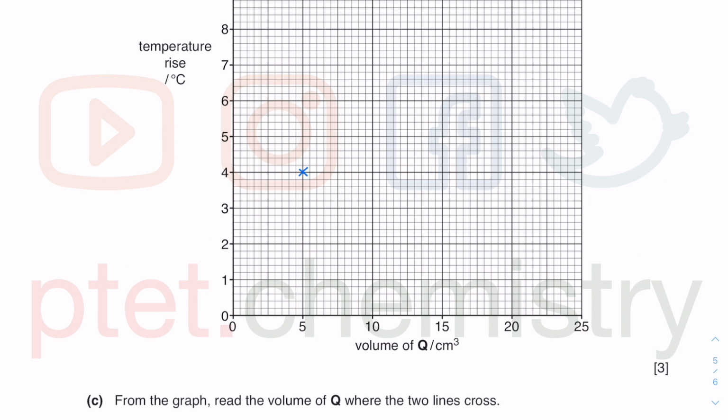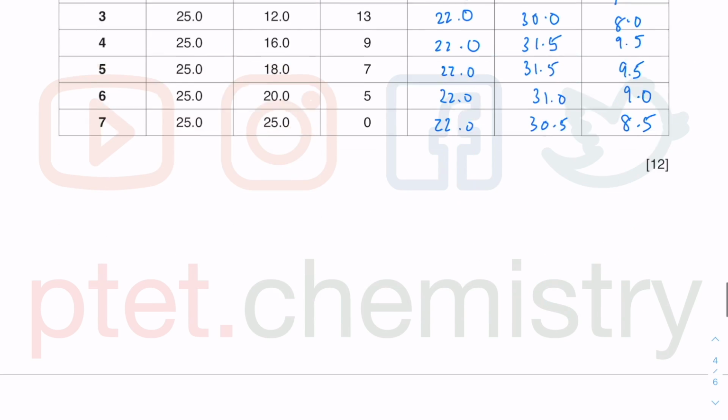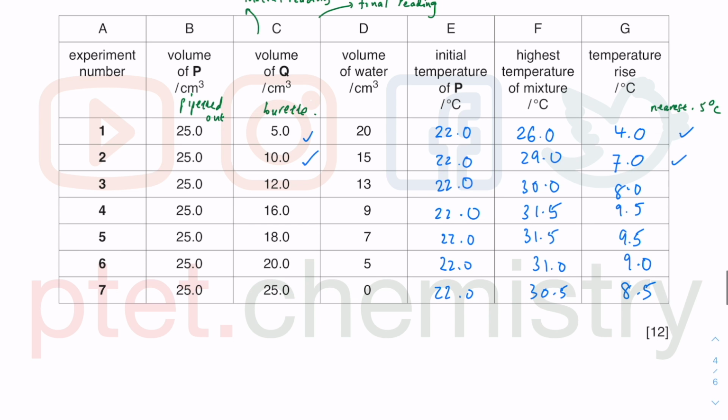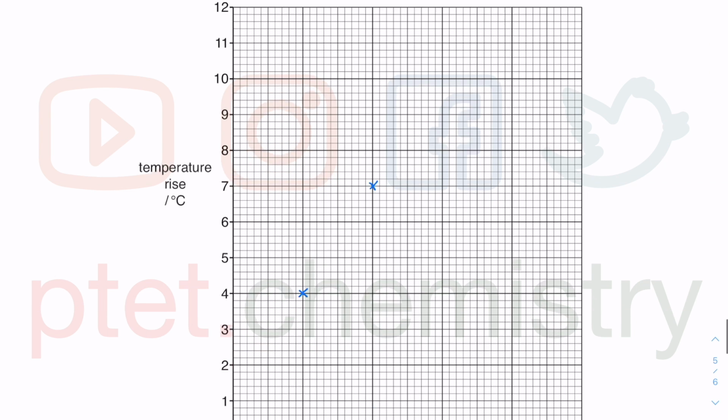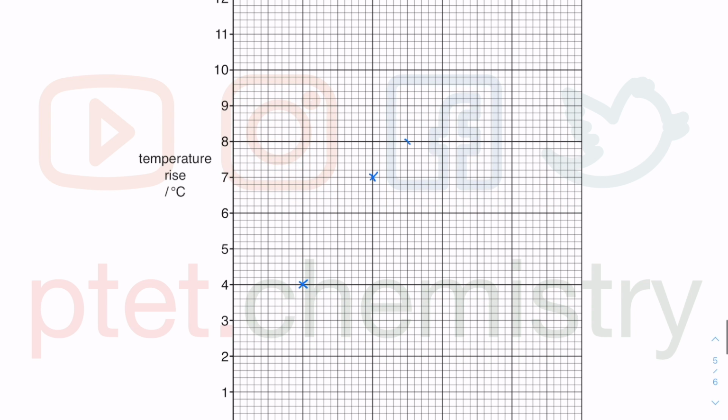So put a cross for the actual data. Now that first one is done, and then 10.0 and 7.0. Next up I have 12.0 and 8.0.